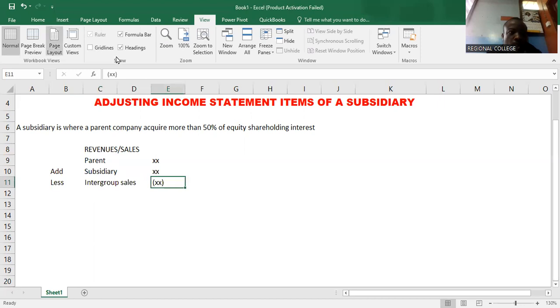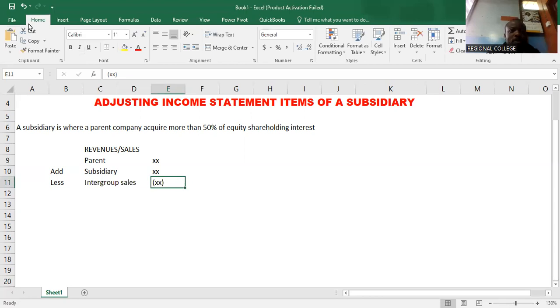Whatever remains is the value to record. So that is how you can adjust your revenues in a simpler way.